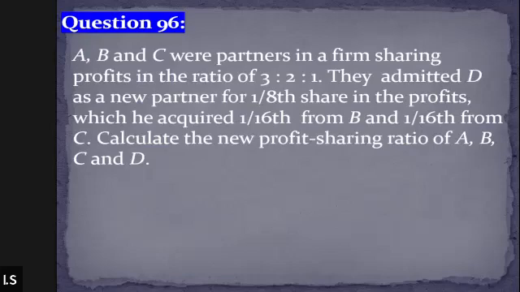Sir, the new profit sharing ratio is 48 is to 42 is to 10 is to 12. Could you repeat it again? 48 is to 42 is to 10 is to 12. I'm not able to verify whether it is right or wrong. I think I'll have to do this question. Okay, sir. Just a minute.